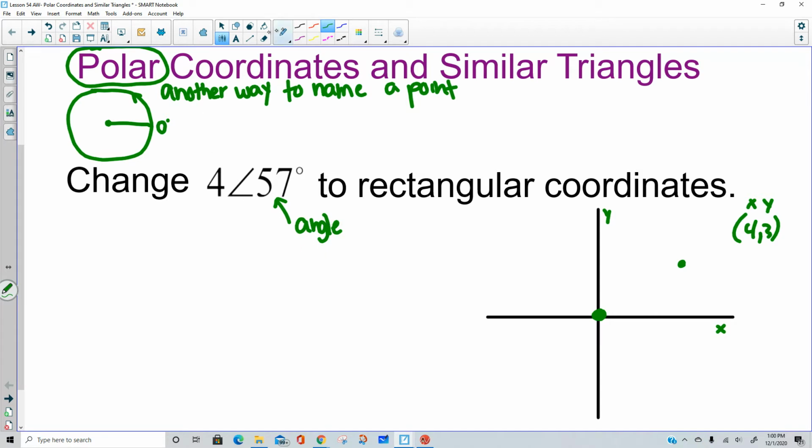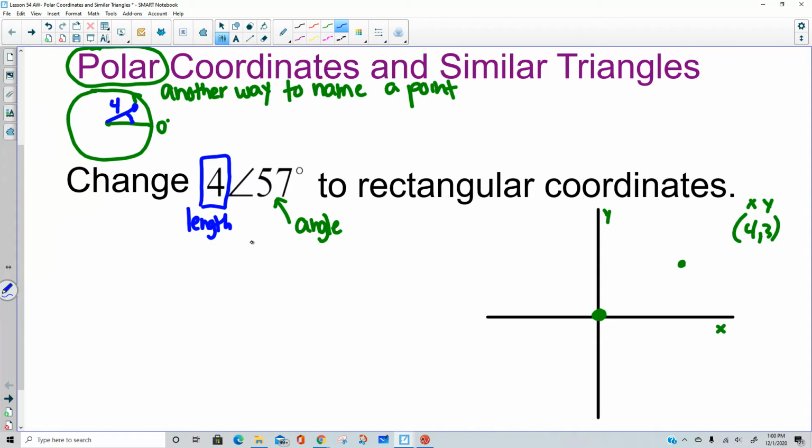And then what does this 4 mean? The 4 would mean this would be the length from the origin. So I could say, if it's a circle, go 57 degrees, find that, and then from the origin, go out 4 units. Boom. Something like that. That's a way to find a point.